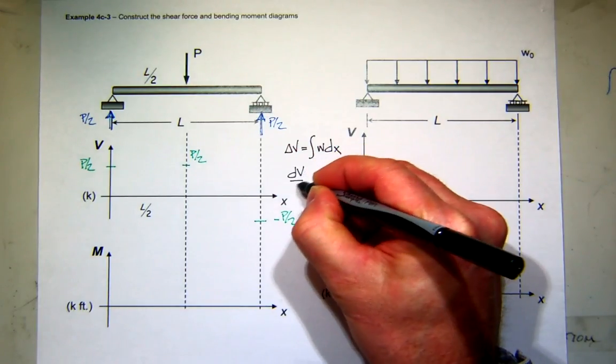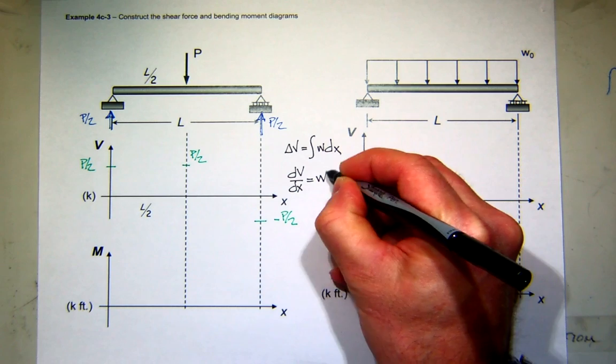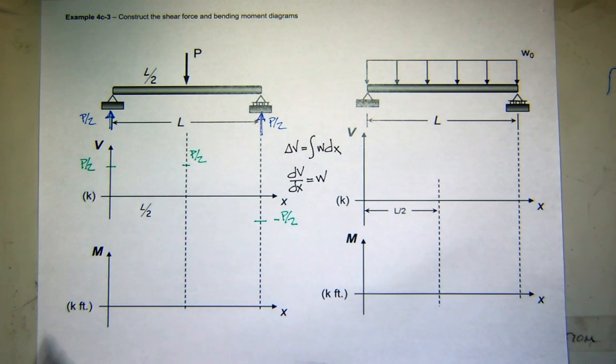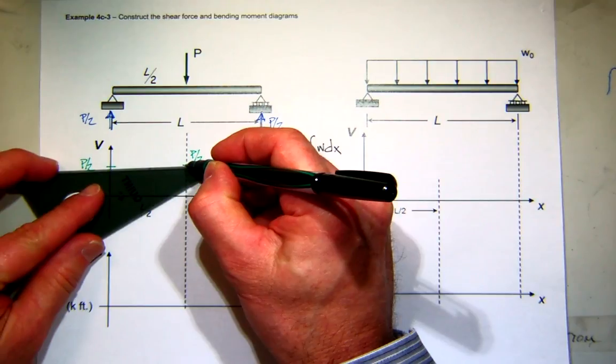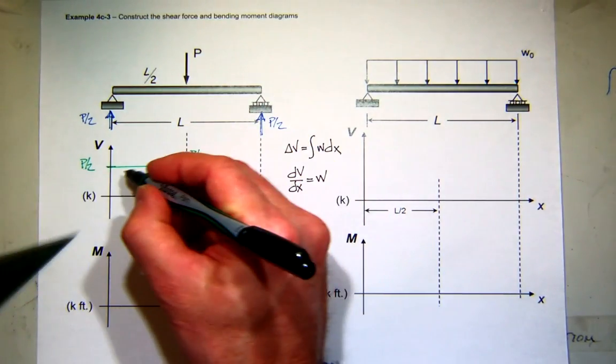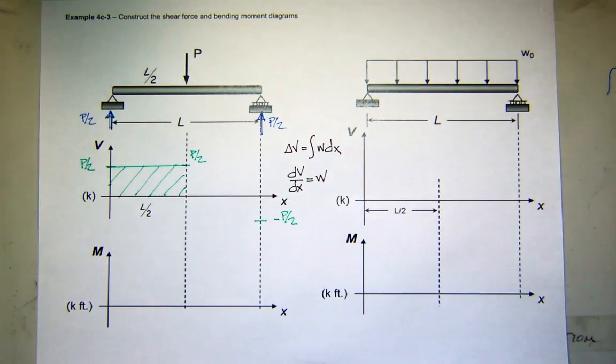According to my differential relationship, the slope of the shear diagram is equal to the load. And we already talked about our load being 0, so that means all across this section, 0 slope. So the first half of this beam has constant shear equal to positive P over 2.